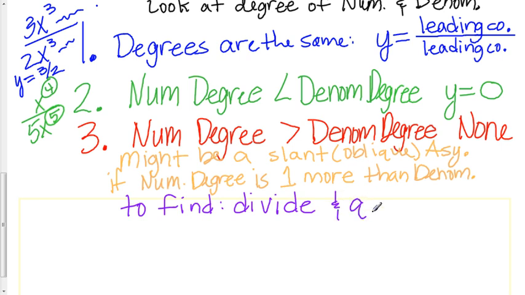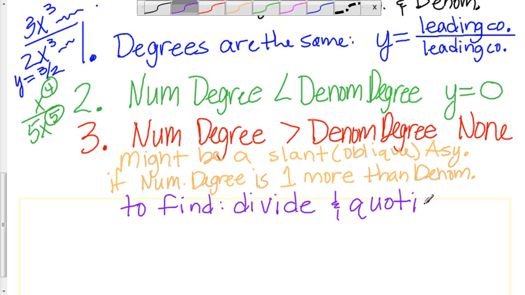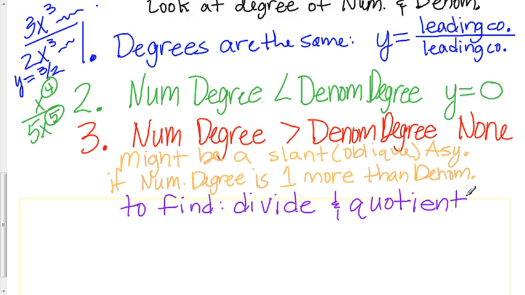And the quotient would be the slant asymptote. If there's a remainder when you do the dividing, don't worry about that. That's not part of anything. All you have to do is worry about the quotient part.